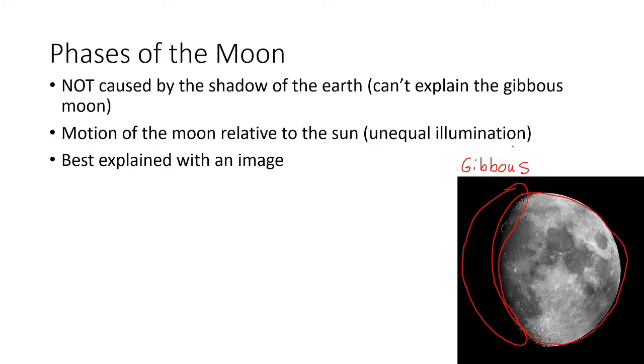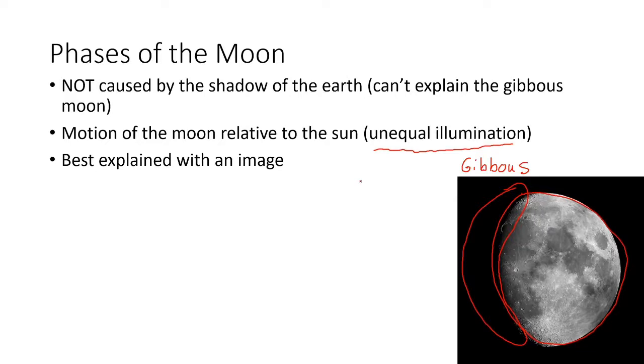Let's put that in more layman's terms. The reason we see the phases of the moon is because what we're seeing is what part of the moon is lit by the sun. And it's unequal. Throughout a given lunar cycle, roughly a month, a little shy of a month, the moon is not being lit exactly the same by the sun.